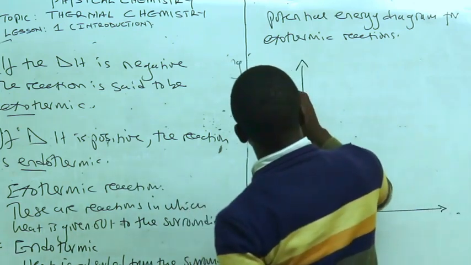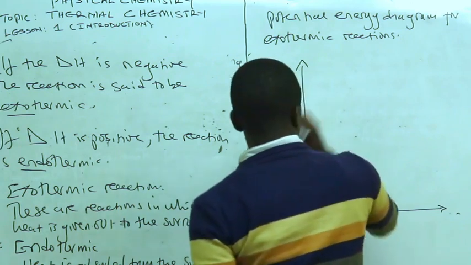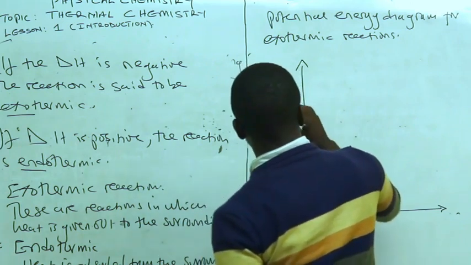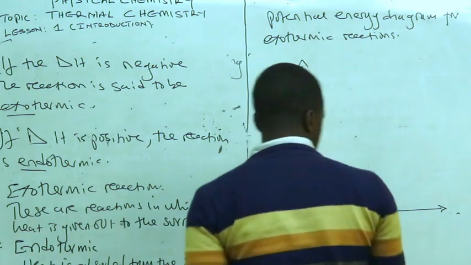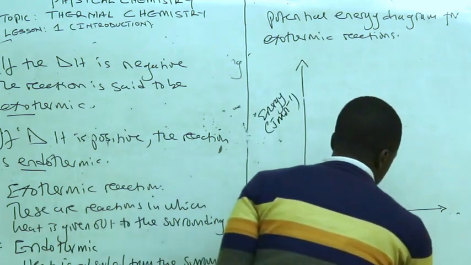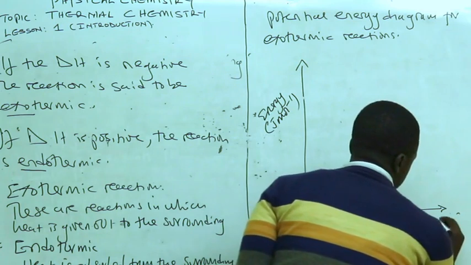This is energy, which can be measured in joules per mole or kilojoules per mole, and this is what we are calling the reaction pathway.